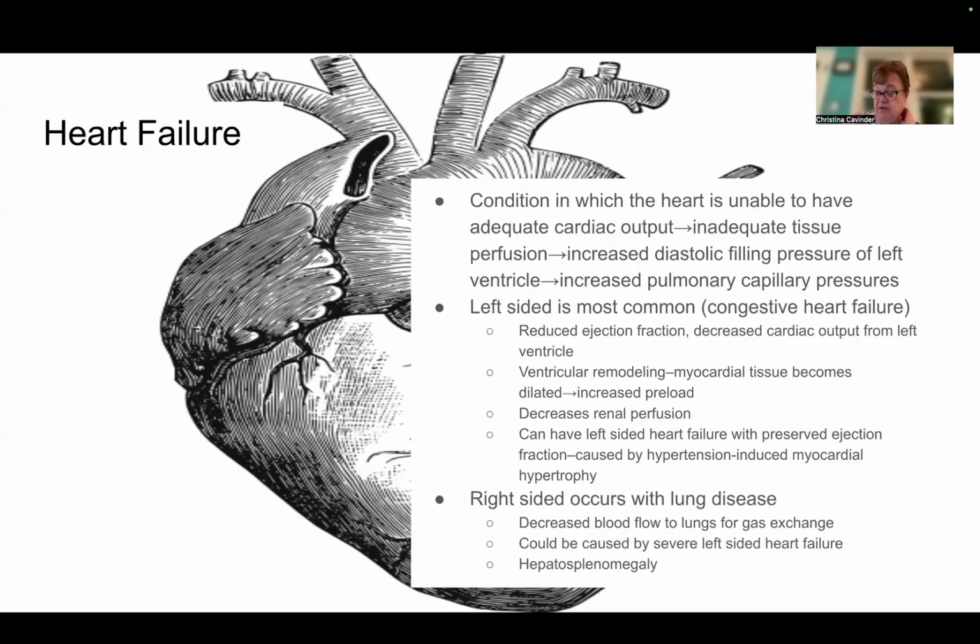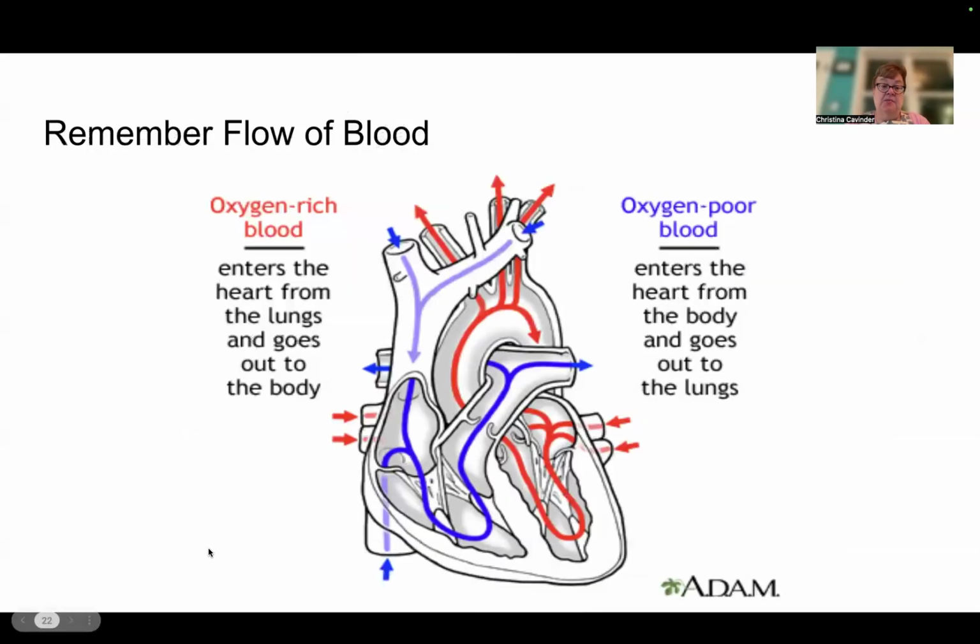The vena cava goes right through the liver and the spleen. So if you have backup of blood into the vena cava, it backs up into the liver, and the liver and spleen become enlarged and gorged with blood. So sometimes the left-sided heart failure can lead to the right-sided heart failure as well. And then you have that hepatosplenomegaly, and then you're in bad shape.